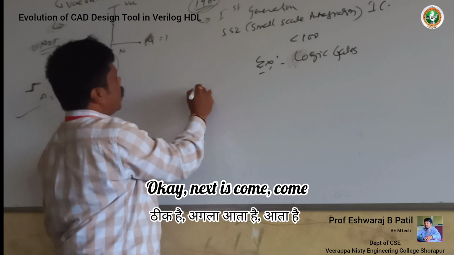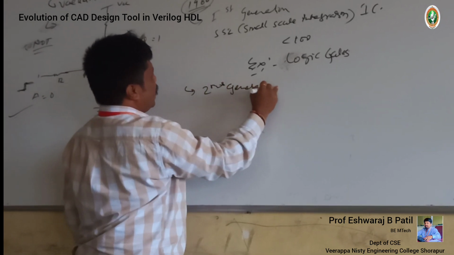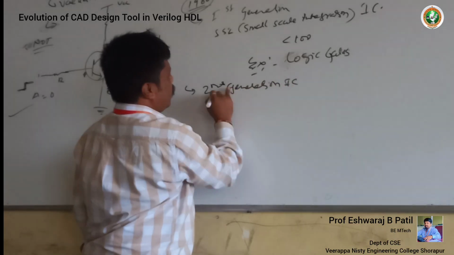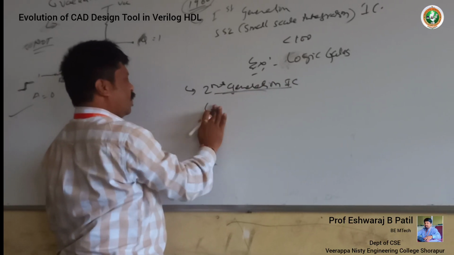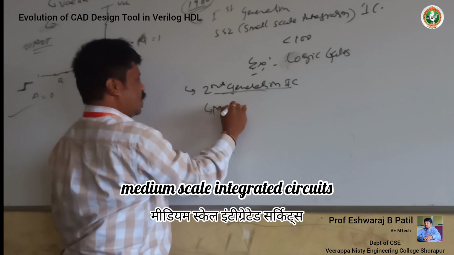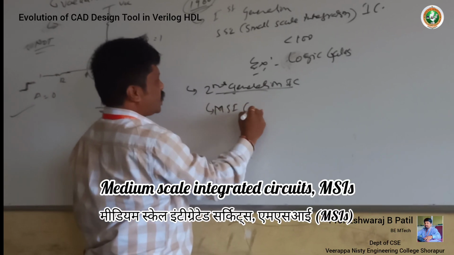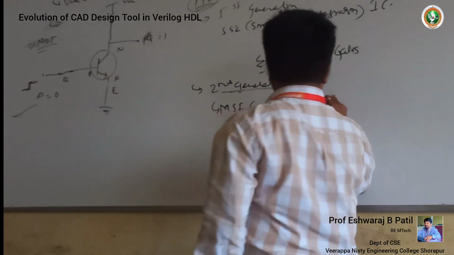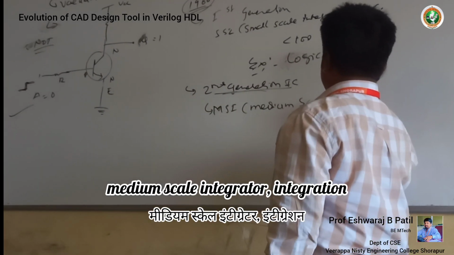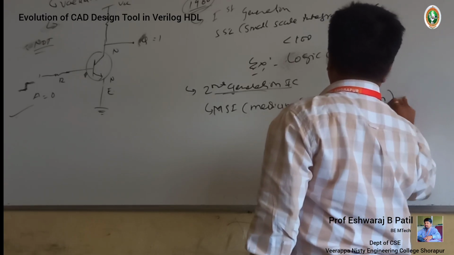Next is the second generation ICs. This is called medium scale integrated circuits. MSI is nothing but medium scale integration ICs.